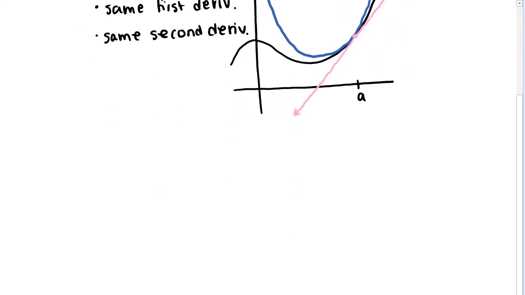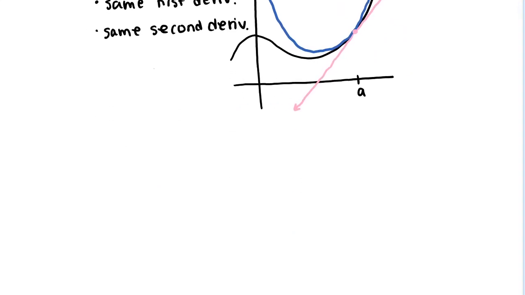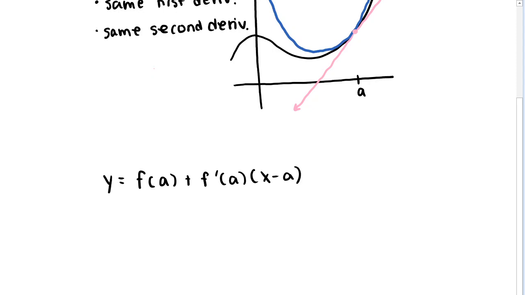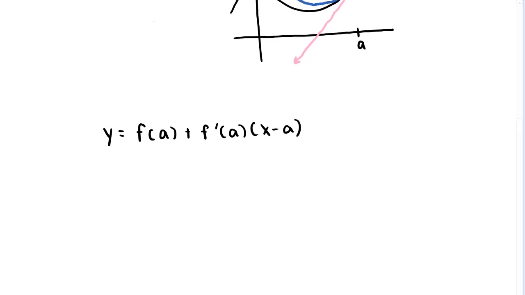And so here maybe I'll just tell you straight up what this quadratic function is. So y is equal to, it looks a lot like the equation of our tangent line. So y is equal to f of a plus f prime of a times x minus a. So here this is identical to our tangent line equation so far.